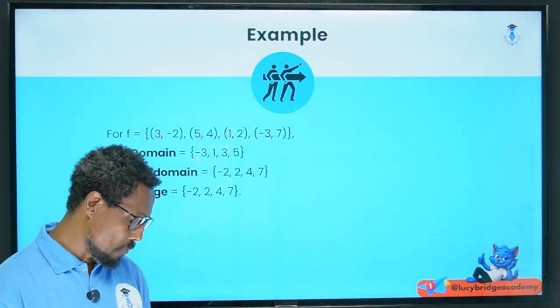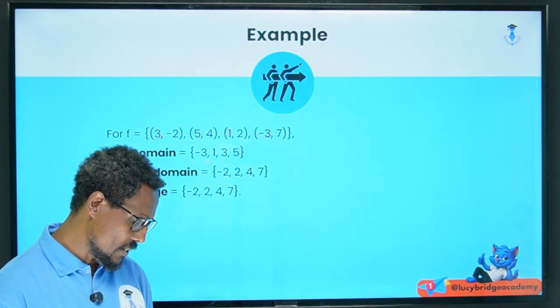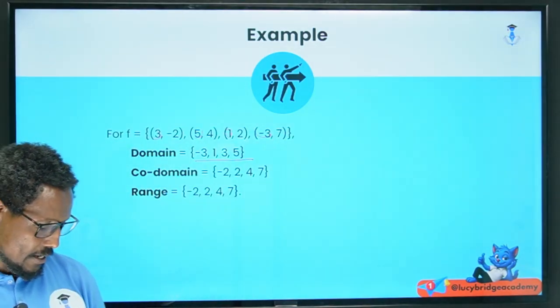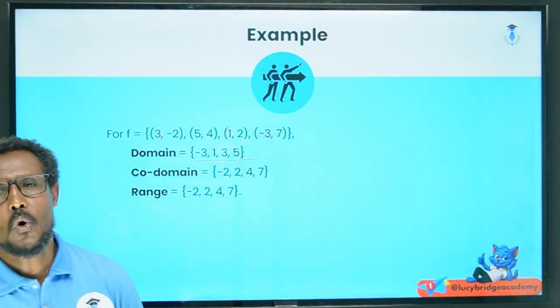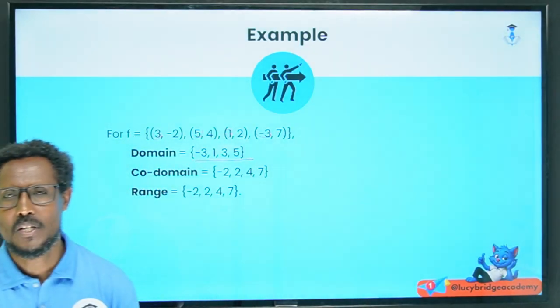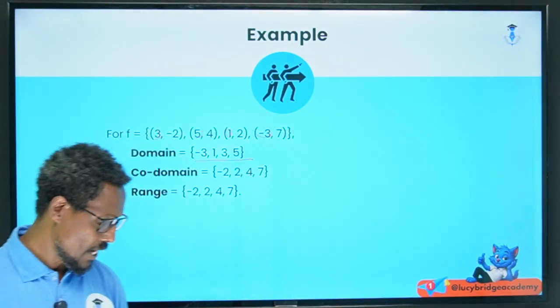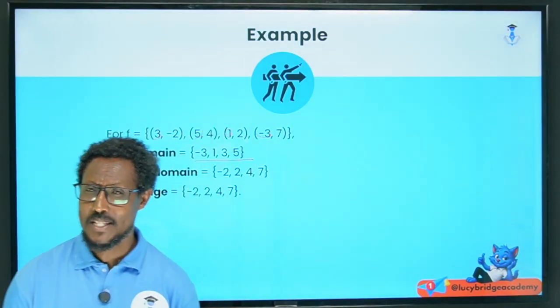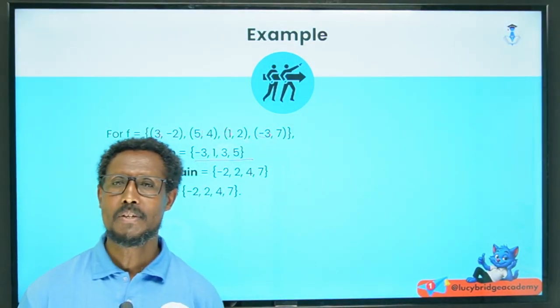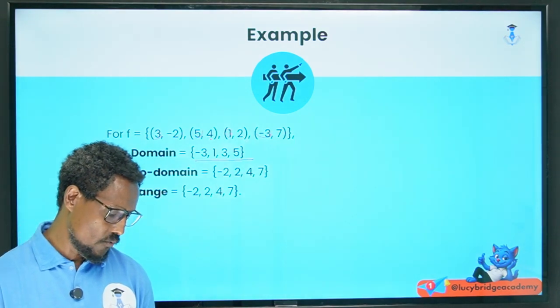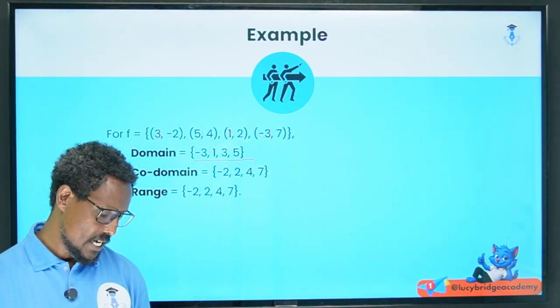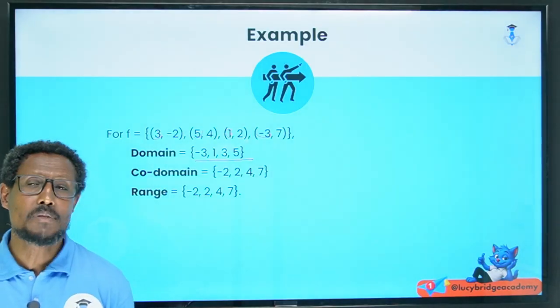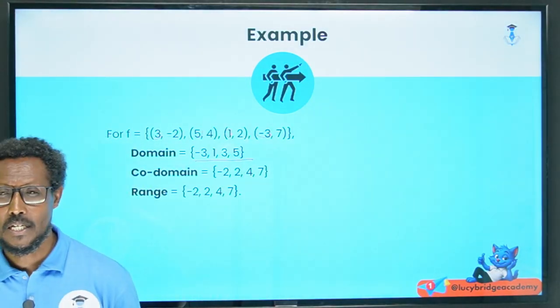So all the first components, 3, 5, 1, -3, are the domain. And the codomain, the set of all possible second components, {-2, 4, 2, 7}, is the codomain. At the same time, the range is the same as the codomain.